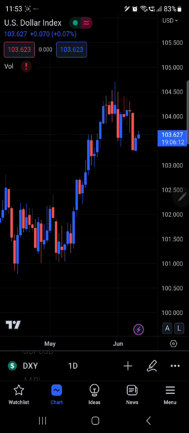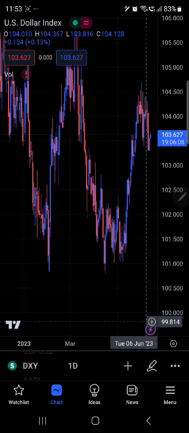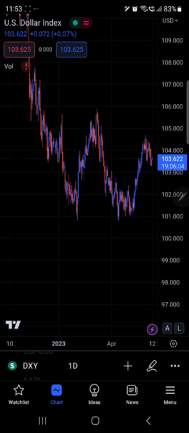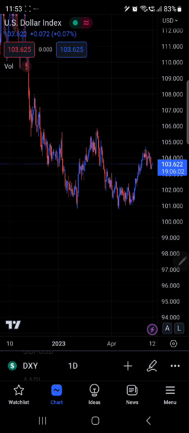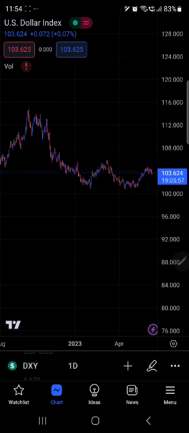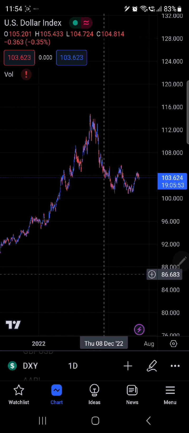I'm just going to zoom out. What does this US dollar index have to do with forex?